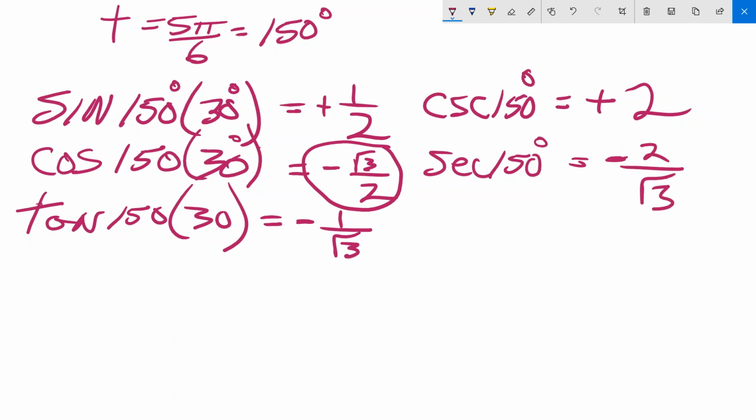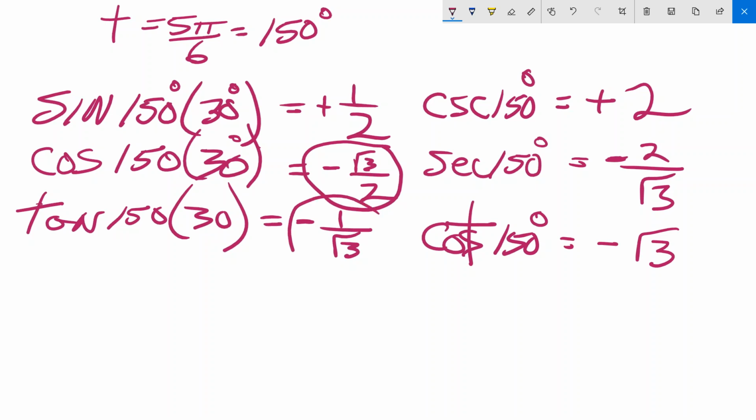And finally, the cotangent of 150 is what? Okay, cool. Now, can you kind of see why you shouldn't rationalize it? Because if I were to rationalize that answer, what I just circled, the tangent, that becomes root 3 over 3.